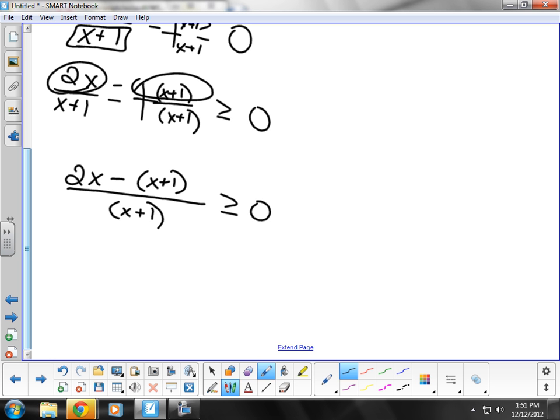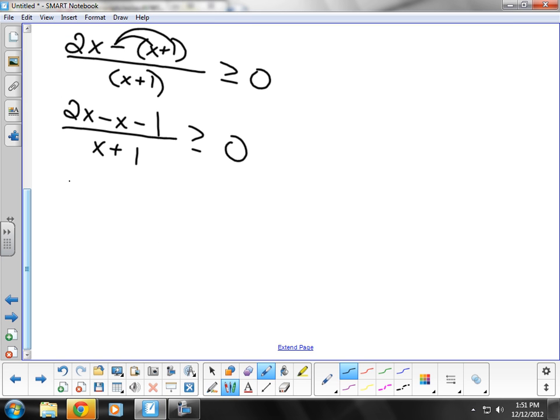I'm subtracting this off, so I've got to change the sign of both of them. So I've got 2x minus x minus 1 over x plus 1, which is going to become what? x minus 1 over x plus 1. That's 2x minus 1x is 1x, minus 1. And I cannot reduce this, because they're not multiplied together and they don't have the same sign here.